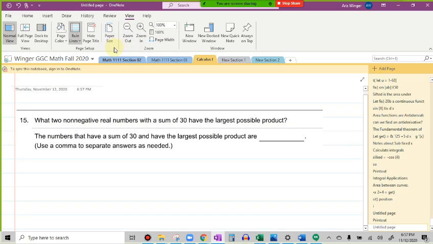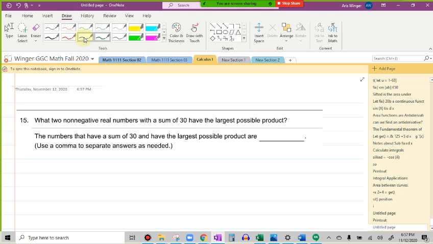Which non-negative real numbers with the sum of 30 have the largest possible product? All right, so we need two numbers, x and y. They add up to 30, and you want to make x times y as large as possible.